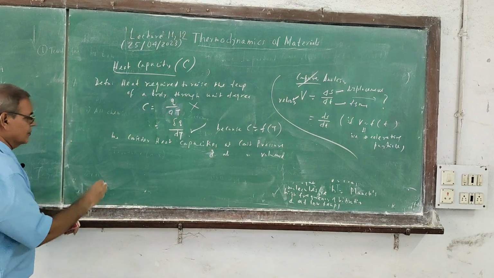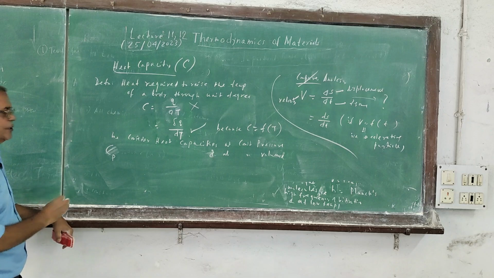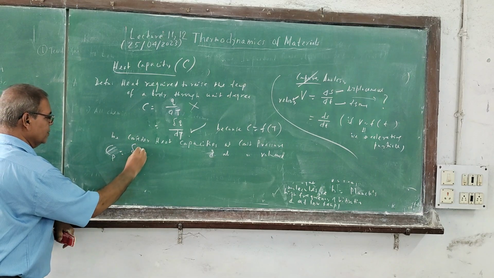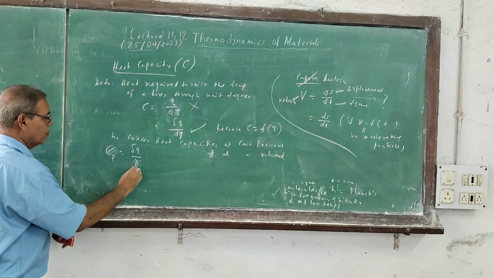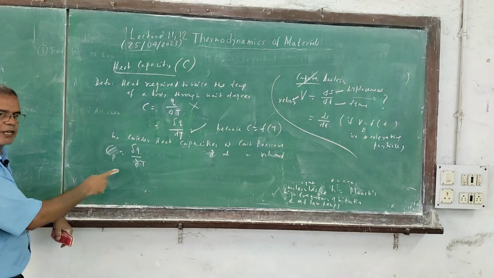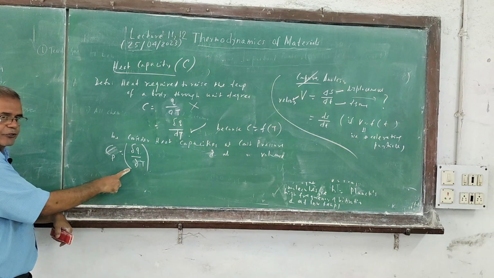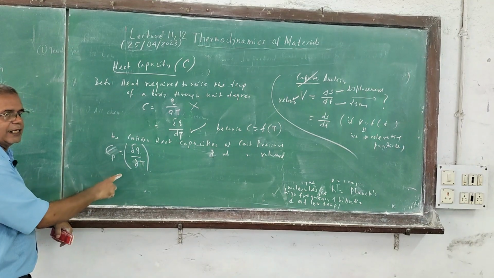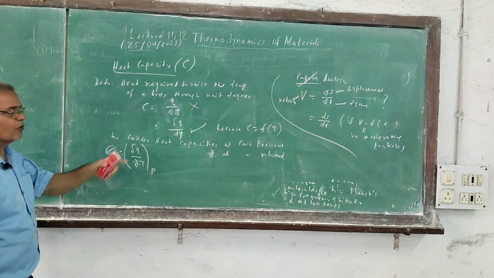Cp is del Q by del T. I have to write this because I am giving a constant here. The moment there is a constant, don't write d anymore; constant means partial derivative. This is Cp, the heat capacity at constant pressure.